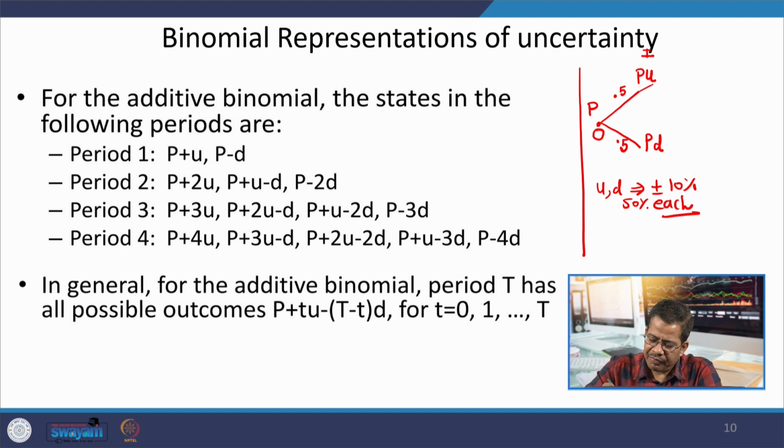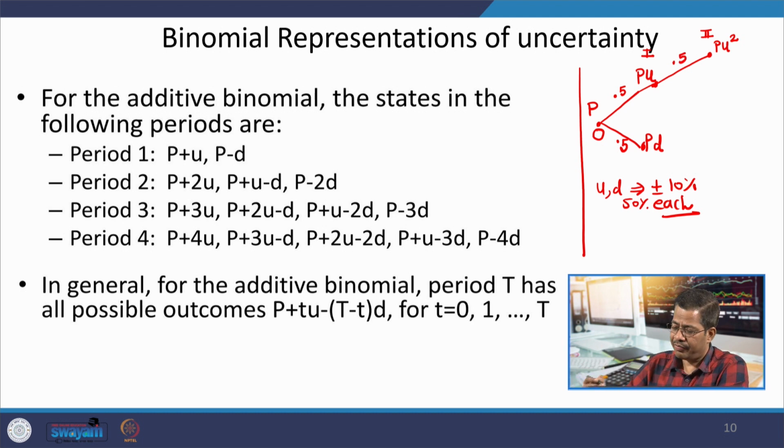After period 1, again in the second period the price may again increase with a probability of, so this will become pu square, a 10% further increase in the price. There is a 50% possibility that the price may decrease, so the price is decreased by d percentage, so pu into d.